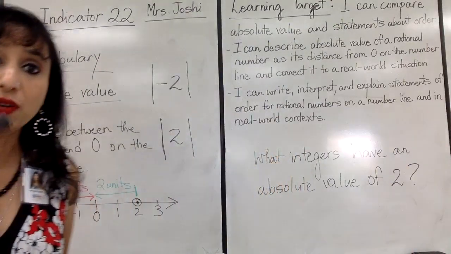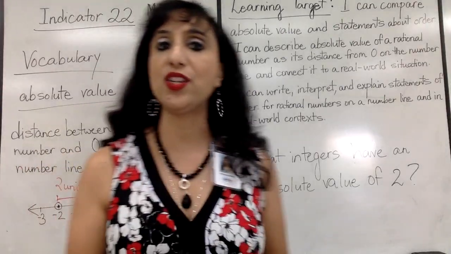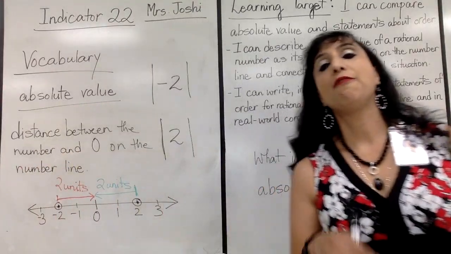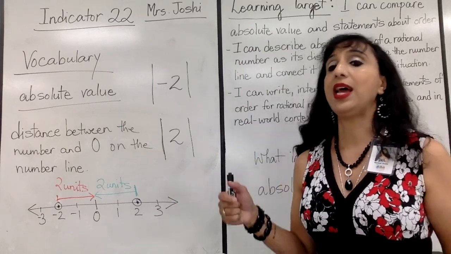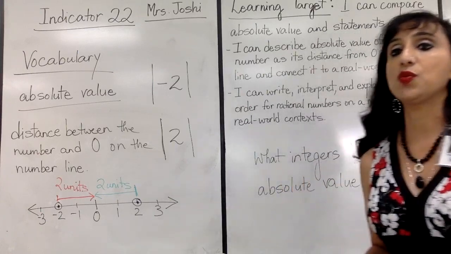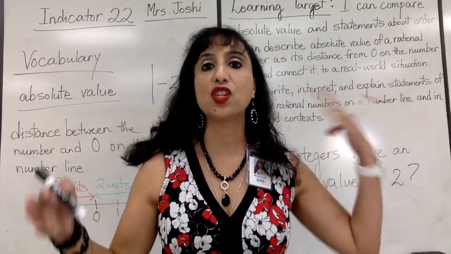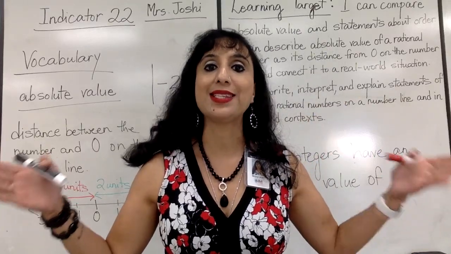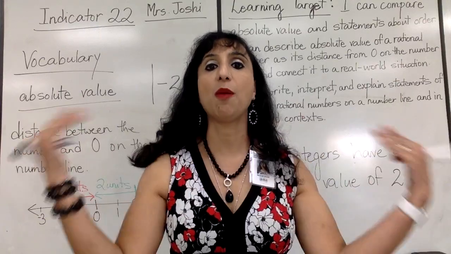So there are actually 2 numbers that have the same distance: -2 and 2. So when I say which integers, please don't write just one integer, because there are going to be two integers with the same absolute value, which will be a number and its opposite. Both are going to be at the same distance from 0 on the number line, but on opposite sides.